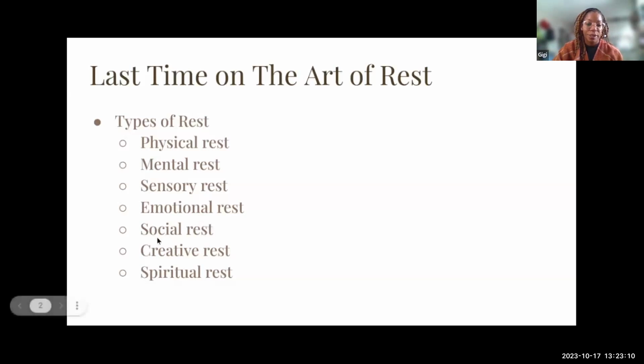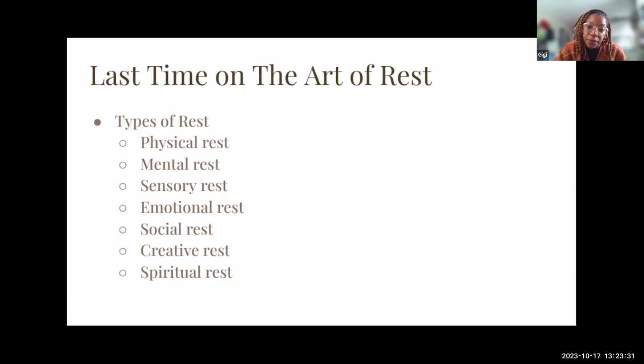Social rest, which just as it sounds, is a rest from being social, or sometimes a rest from certain types of social interaction, whether that be having time with just you and your best friend rather than going out to a larger social engagement, etc.